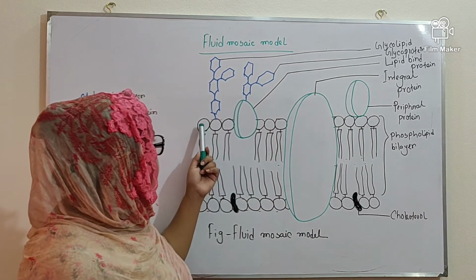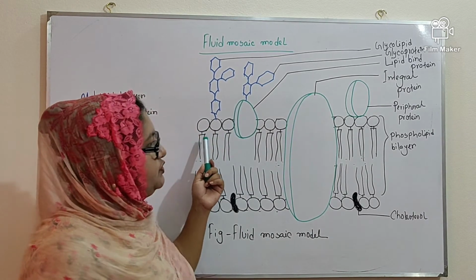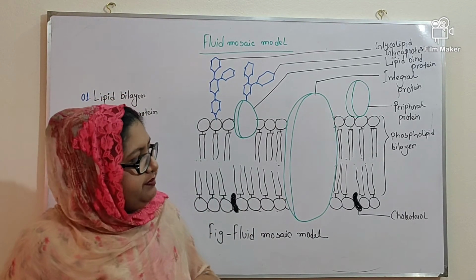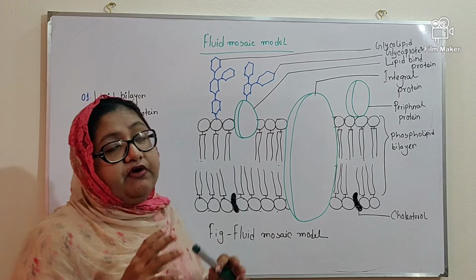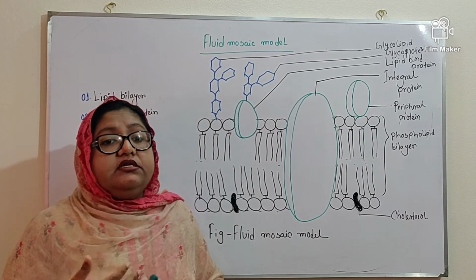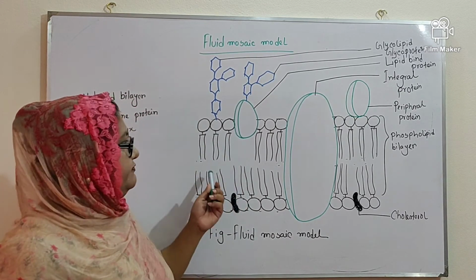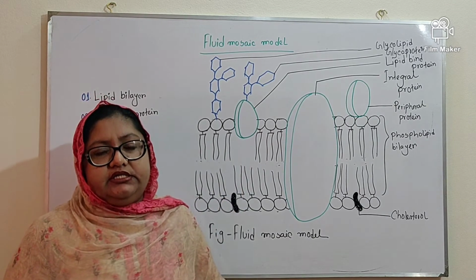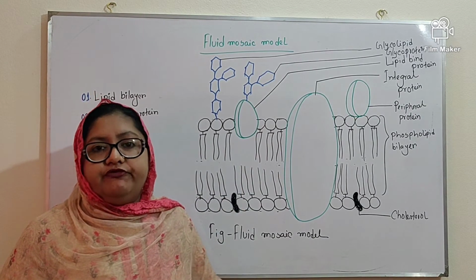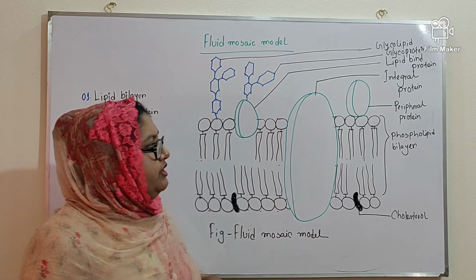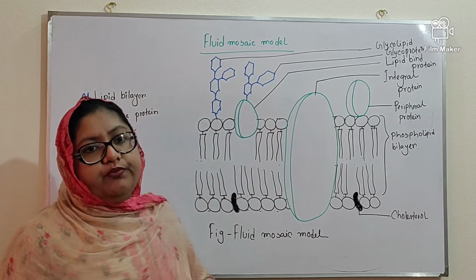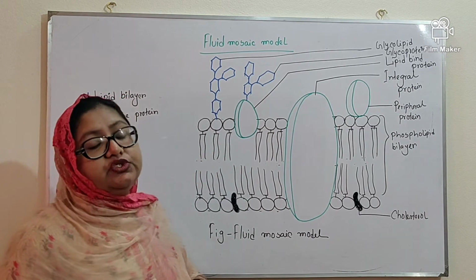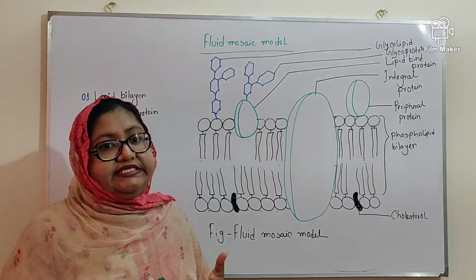The components of the phospholipid layers have an internal motion among themselves. So it moves in this way. It appears like a fluid. This type of movement is called flip-flop movement, and for this reason this model is known as fluid.